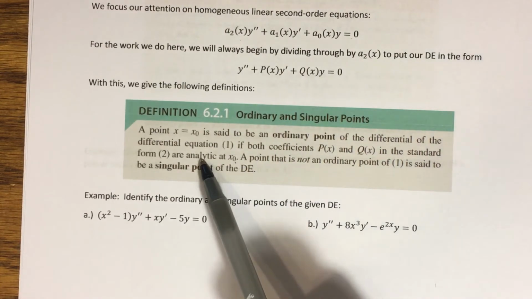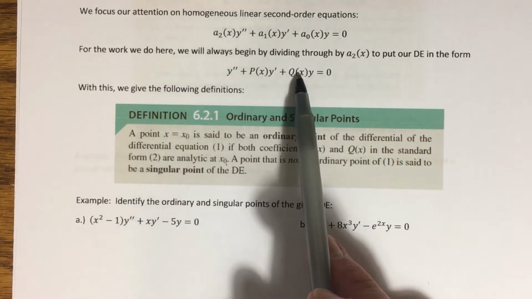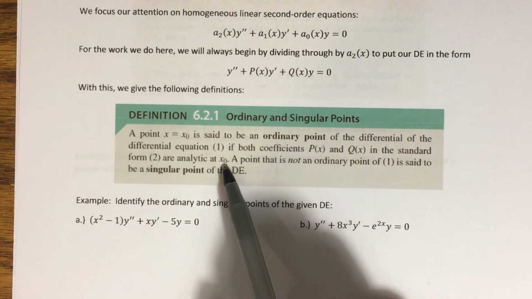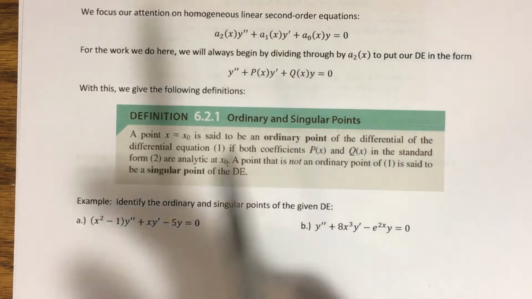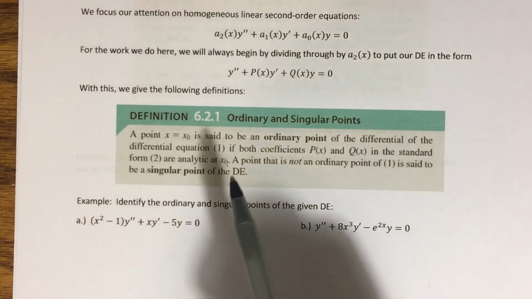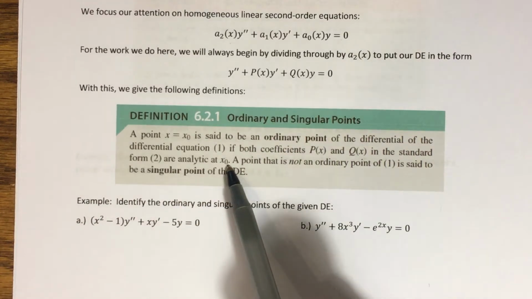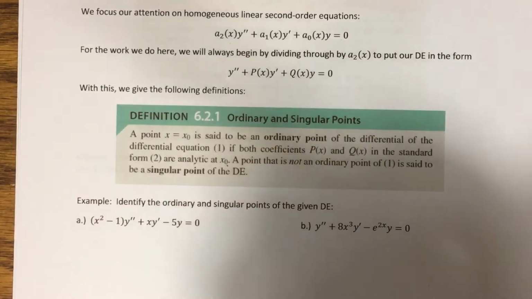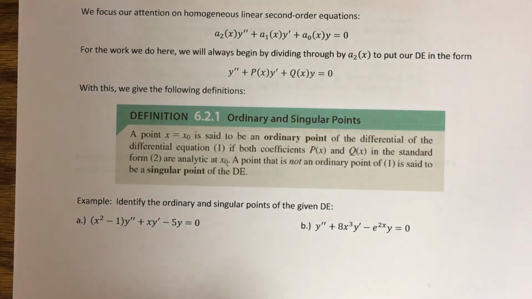And remember, what the term analytic means is that both of these functions, p of x and q of x, have a power series representation centered at that point, centered at x0. So we can rewrite p of x and q of x both as power series centered at x0. If that is possible for both of those simultaneously, then we say that the number x0 is an ordinary point of that DE. If a point is not an ordinary point of a DE, then we call it a singular point of that DE.